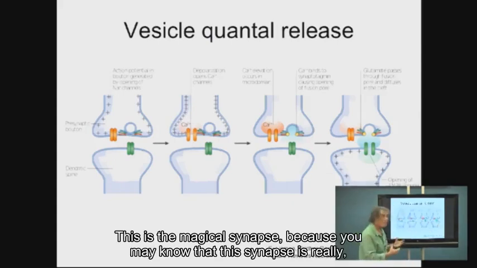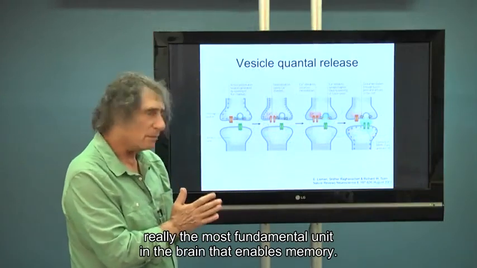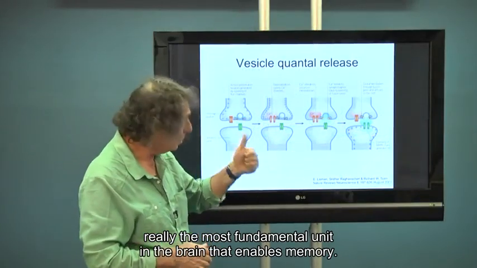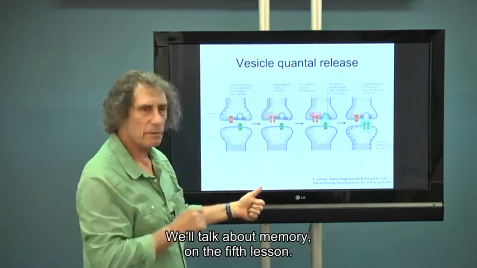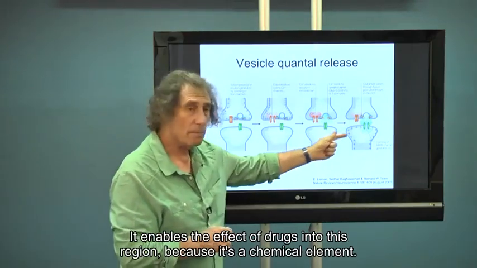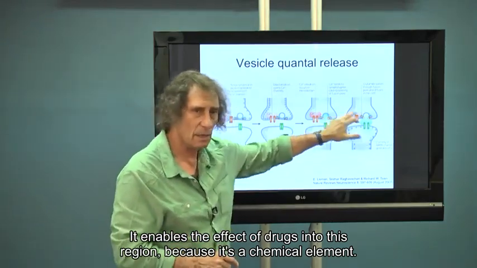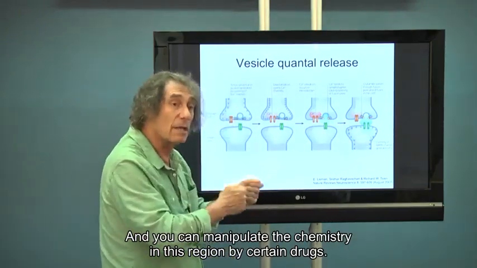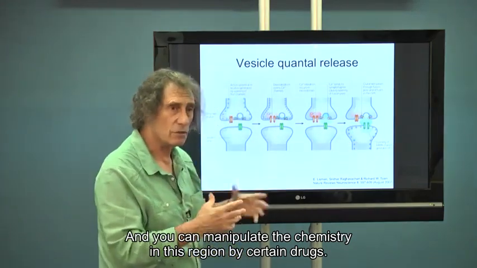This is the magical synapse, because you may know that this synapse is really, really the most fundamental unit in the brain that enables memory. We'll talk about memory on the 5th, I think, lesson. It enables the effect of drugs into this region because it's a chemical element, and you can manipulate the chemistry in this region by certain drugs.